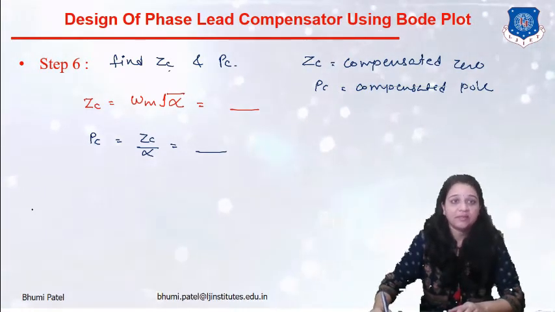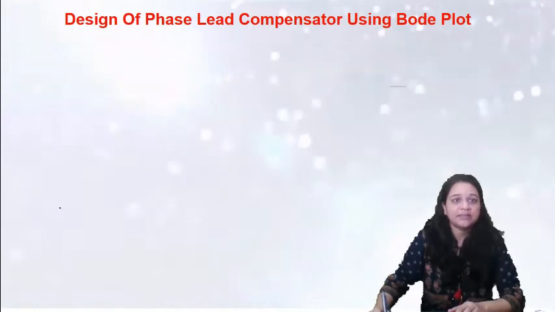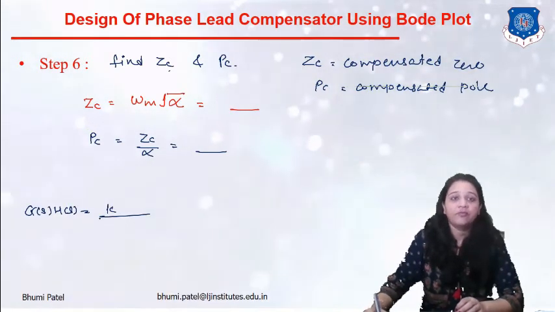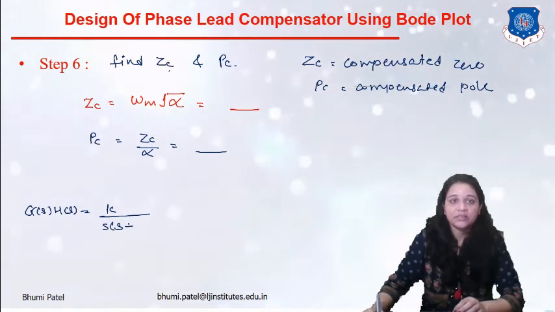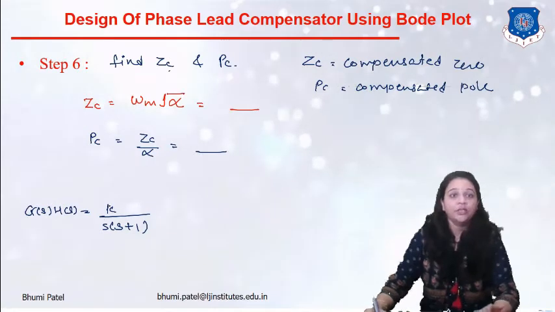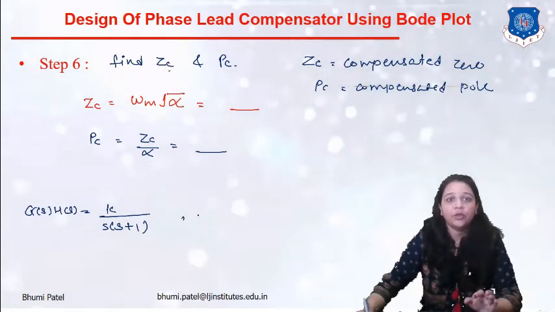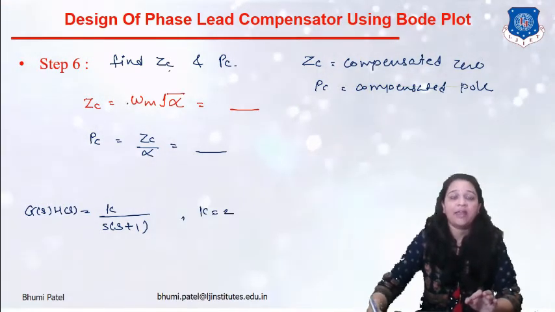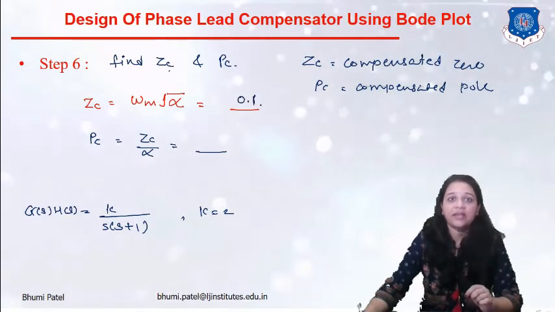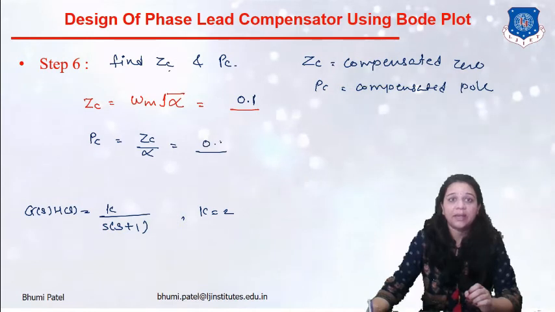Suppose our equation is G of S, H of S equal to K upon S plus 1, where K is our gain. Using step number 1, we have to find the value of K. Suppose we get K equal to 2. And for the new values, we get ZC as 0.1 and PC as 0.5.